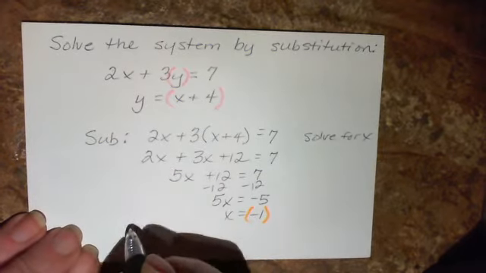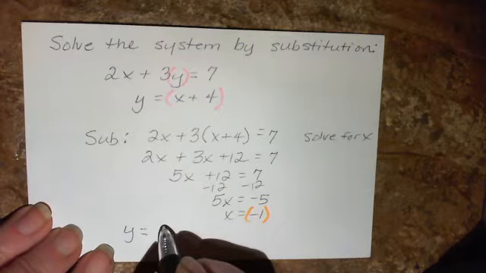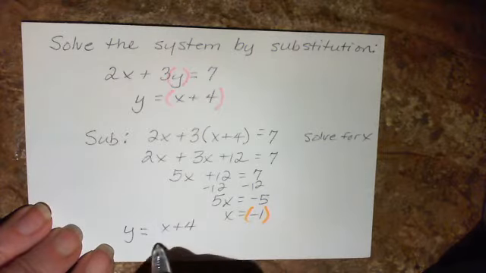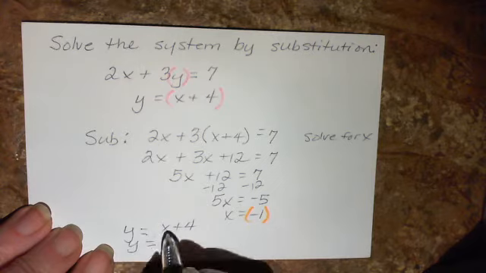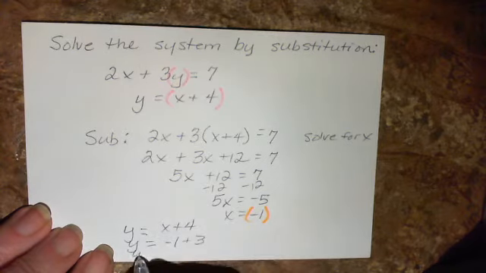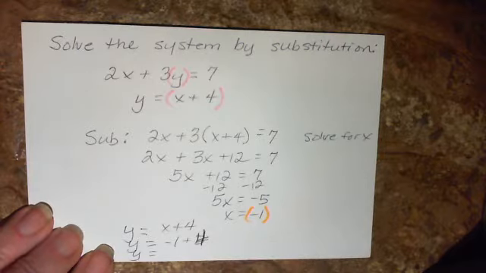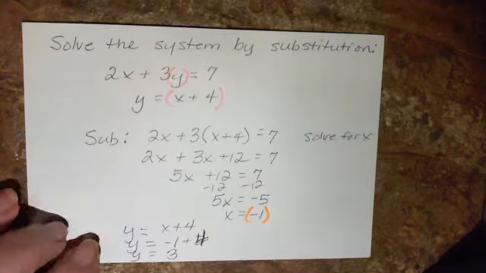This one looks easier to me, so y is equal to x plus 4. Y is equal to, stop at the x and replace with negative 1 plus 4. Negative 1 plus 4 now is 3.